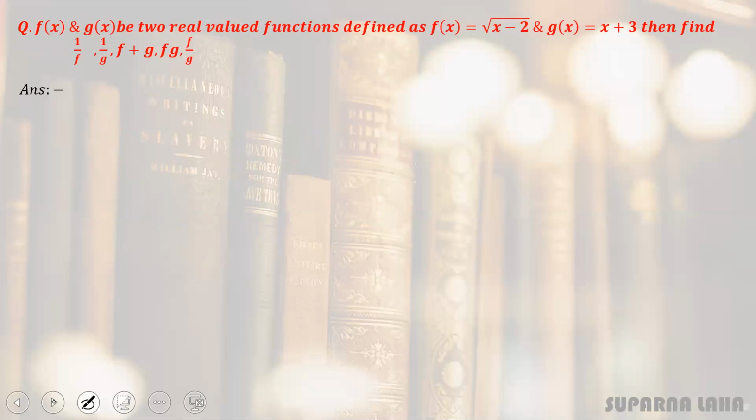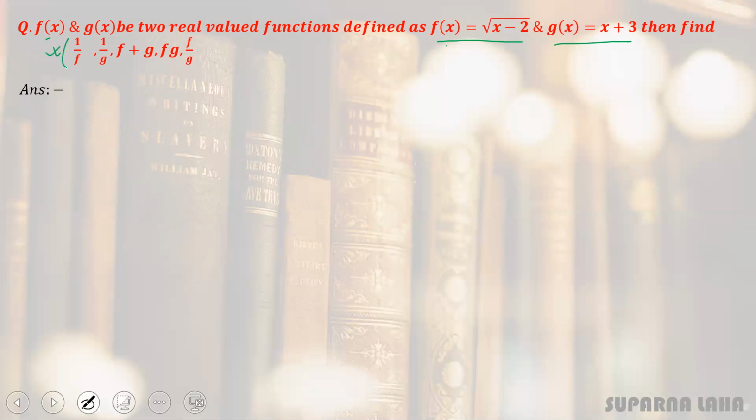Operation on a function. That means addition, subtraction, multiplication, then division of the function. So f and g, two functions are given. f(x) is given as root over x minus 2 and g(x) is given as x plus 3. You need to check this operation.